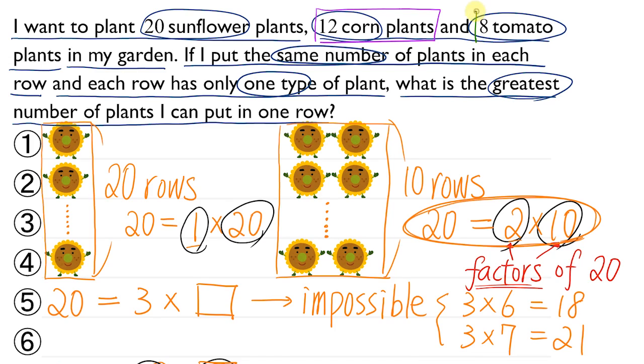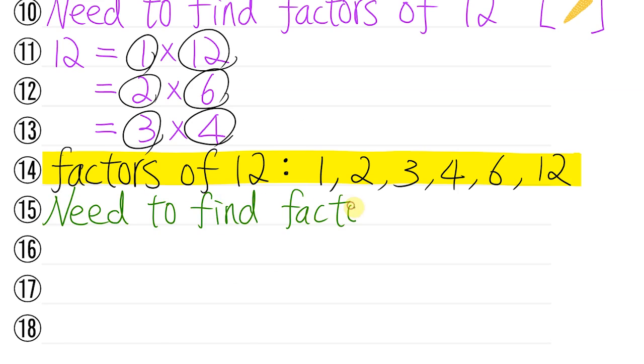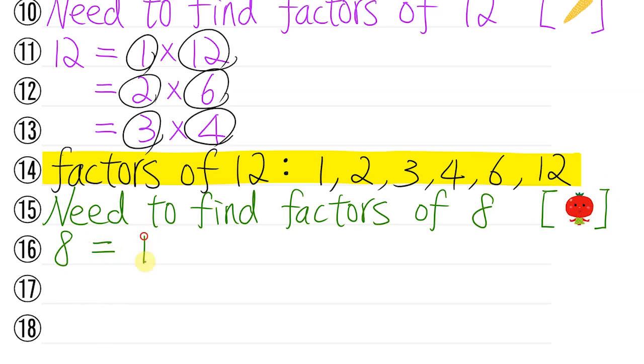Furthermore, we see that we have 8 tomato plants, so we know we need to find factors of 8. Let's start finding its factors. So we write down the number 8. It can be written as 1 times 8, and it can also be written as 2 times 4. The next number we will try is 3.